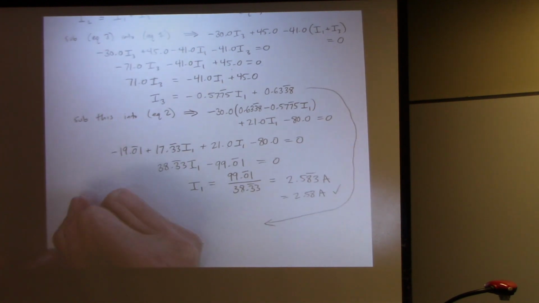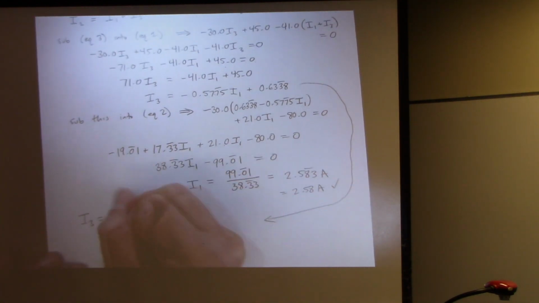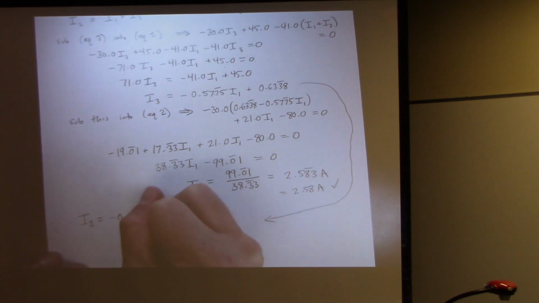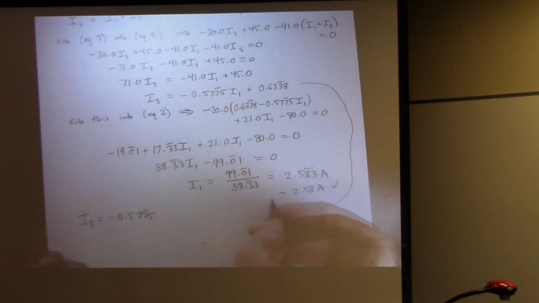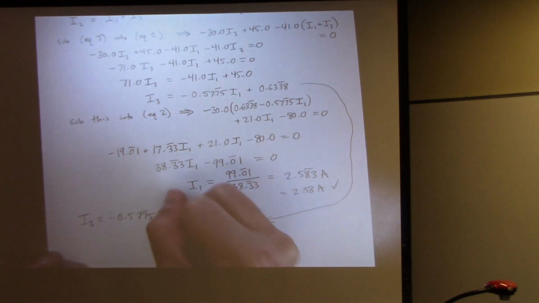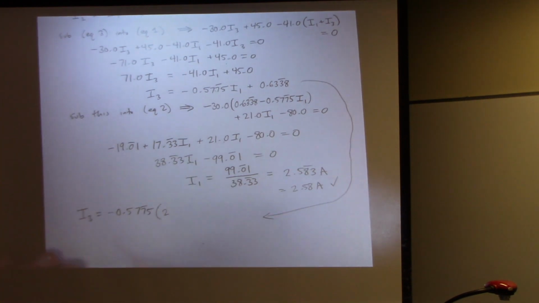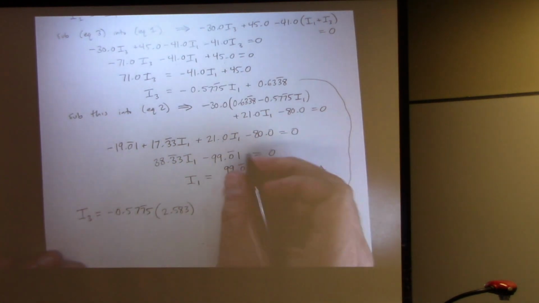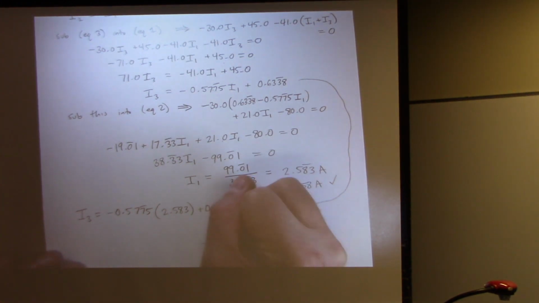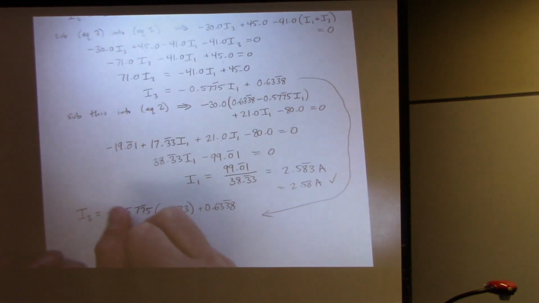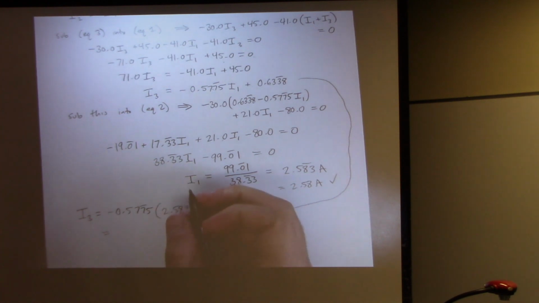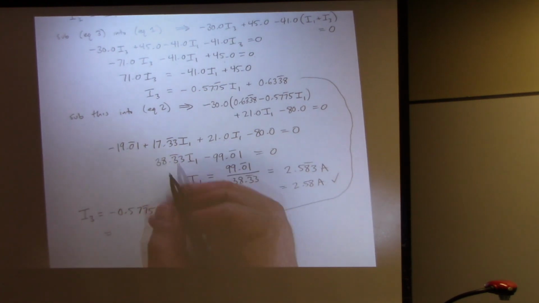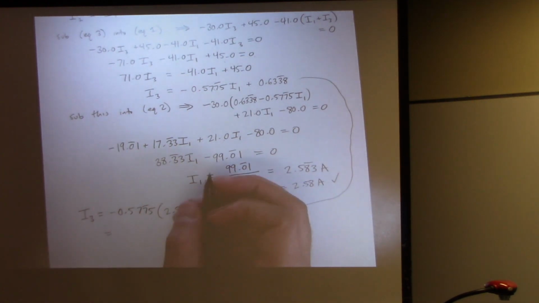So I3 is equal to, we got minus 0.5775. Multiply that by I1, which we just found to be 2.583, and then add that to 0.6338, which gives us for I3, let's see, what does that give us?